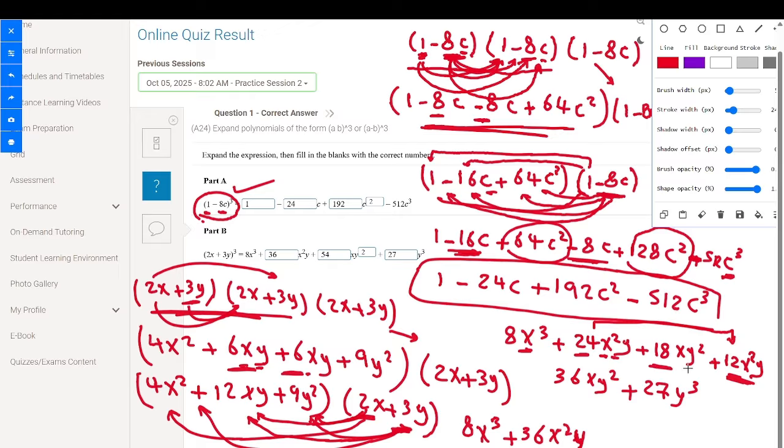Now here 18xy squared, do we have xy squared? Yes, so it will be plus 54xy squared, and the last one we have 27y to the power of 3. There is no y to the power of 3 elsewhere, so it will be 27y to the power of 3. So the answer will be this one.